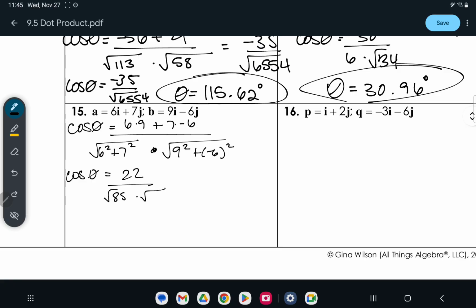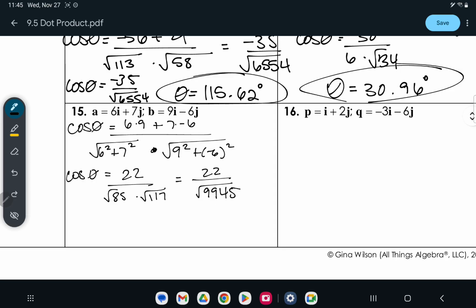And let's see, 81 plus 36 is 117. So clearly I have 22 over square root of, I'm going to multiply 85 and 117. Wow, that's a big number. 9945. And then I'll do the inverse cosine to that number.